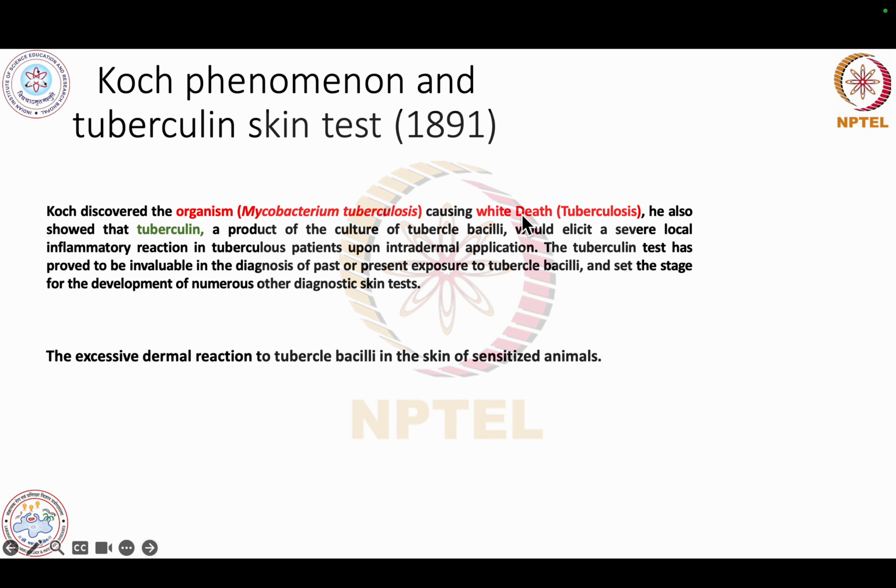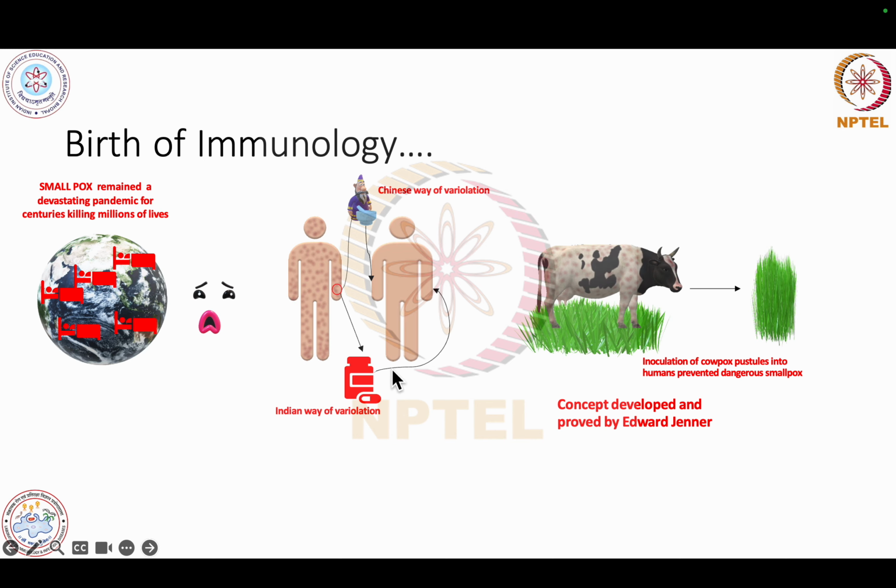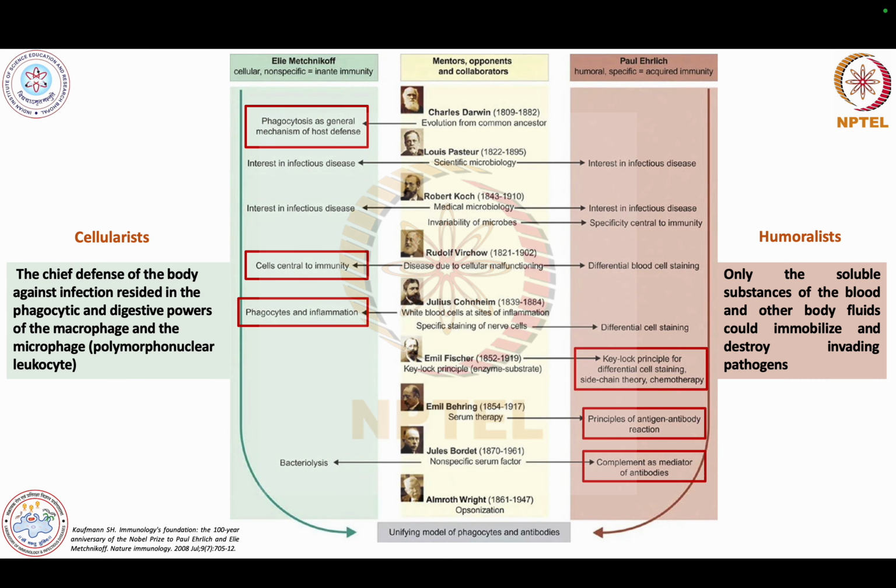White death, yes, white death was a term for Mycobacterium tuberculosis, not for smallpox. And then this you need to just read and remember. This is the scientist's name and what they have stated.